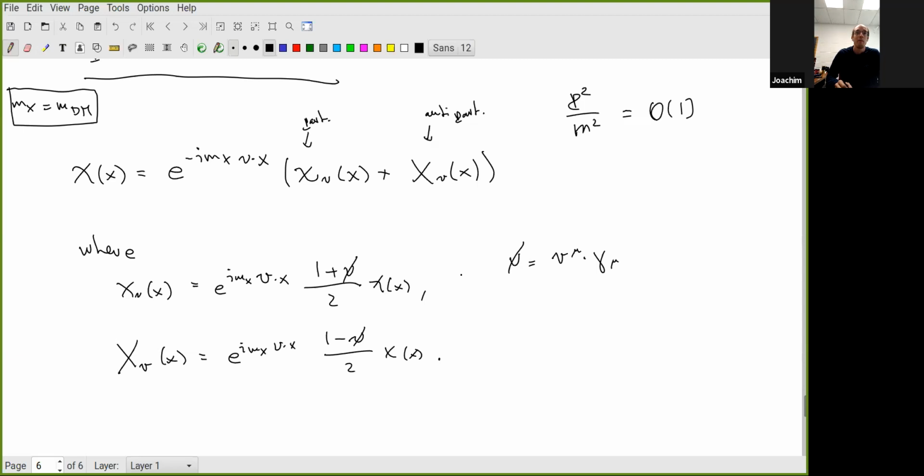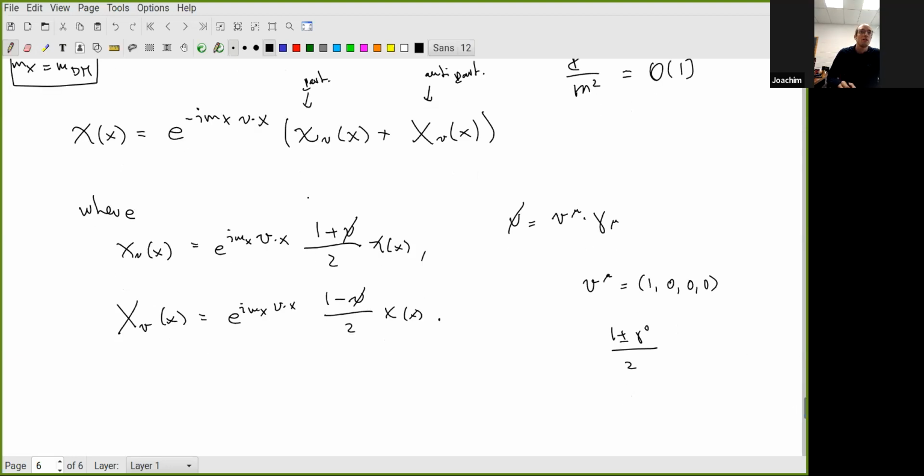Okay, in the lab frame where v mu equals (1, 0, 0, 0), these projectors are just (1 plus or minus gamma 0)/2. If you're not in the lab frame, then it's the general expression.